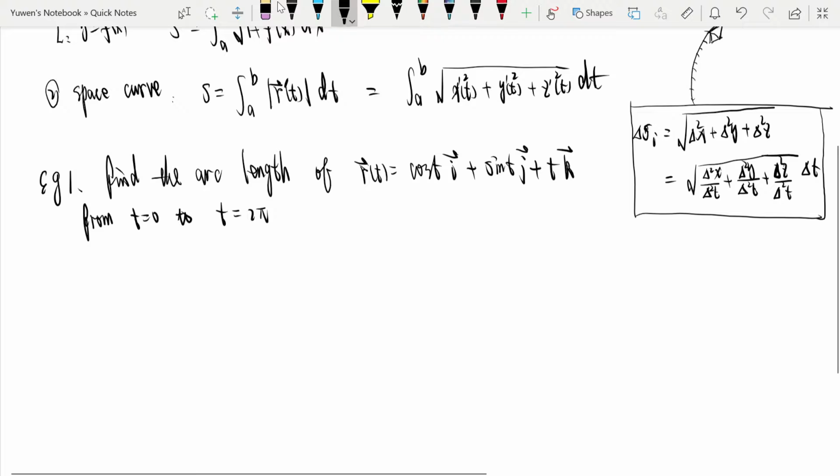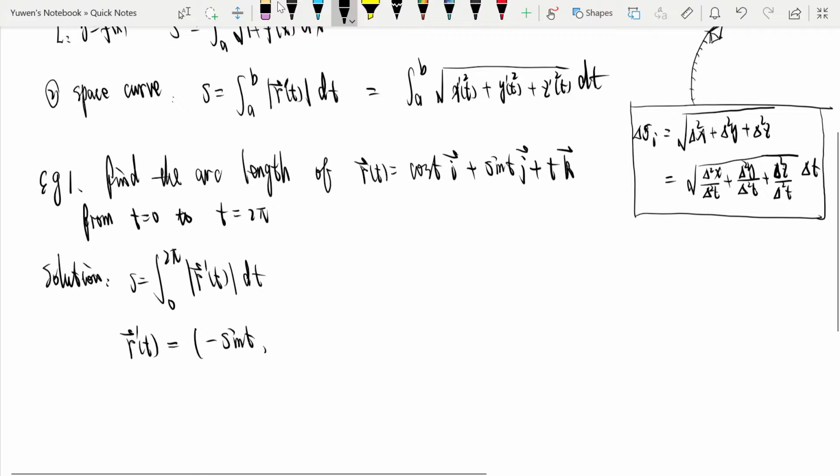Use this formula. The s is the integral from 0 to 2 pi of the length of r prime t, dt. The derivative of r(t) is negative sine t, cosine t, and 1.